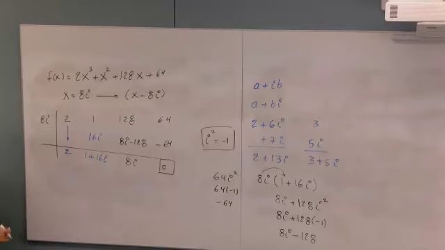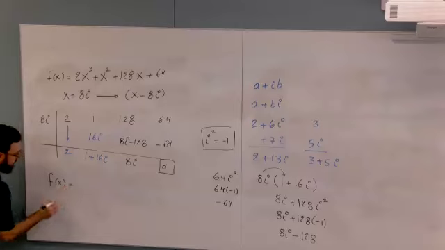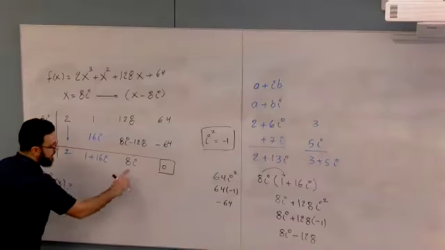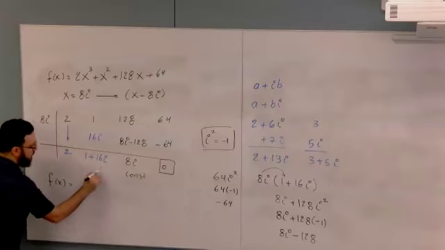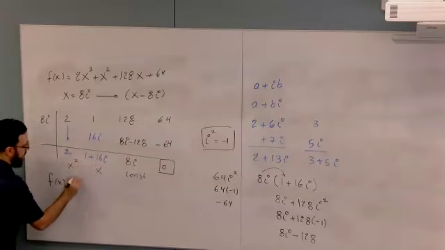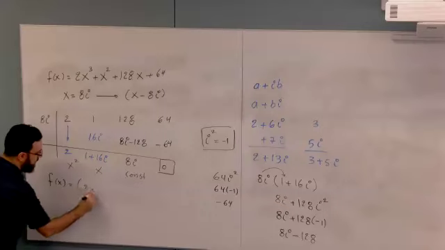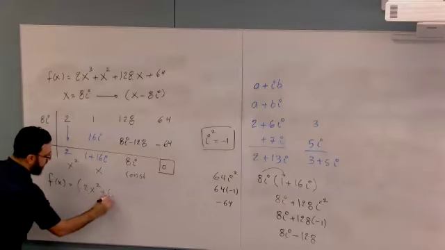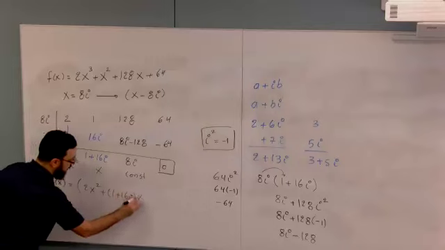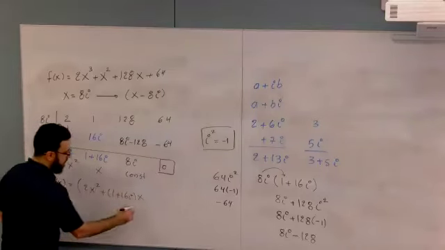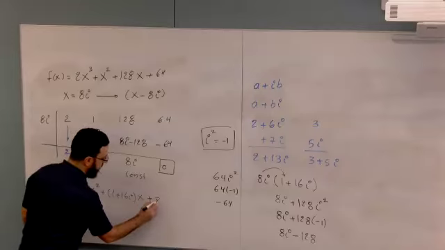Get the idea? Now can I write down the polynomial again? The new one. This is the constant. This is for x. This is 2x squared plus 1 plus 16i with the x plus what?